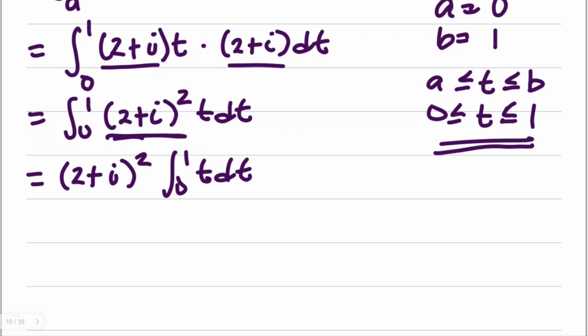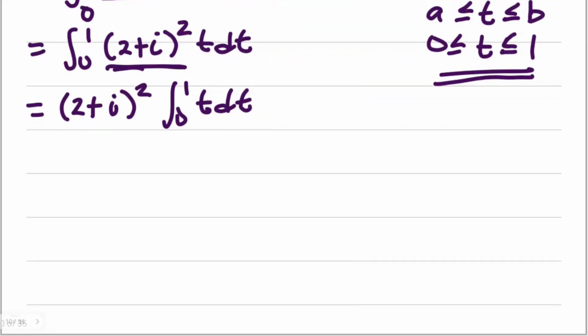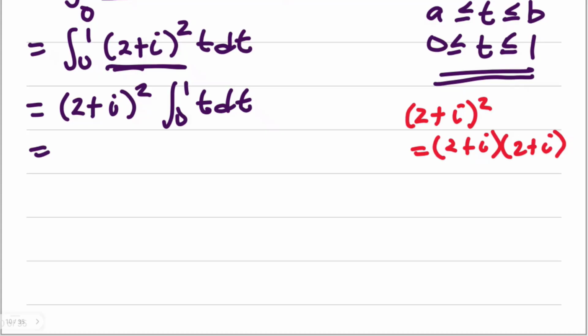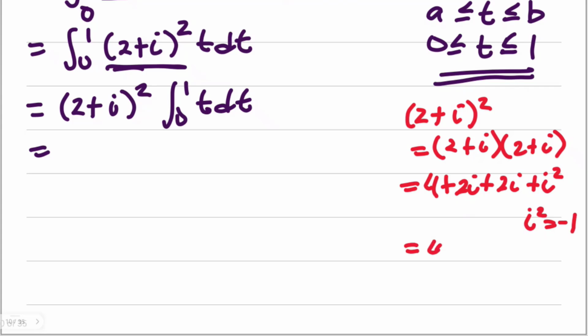Of course, if you would like to start by squaring this expression, it's equivalent to 2 plus i times 2 plus i using the FOIL method. You have 4 plus 2i plus 2i, and of course plus i squared. We know that i squared is equal to negative 1, so you have 4 plus 4i minus 1, which gives us 3 plus 4i.